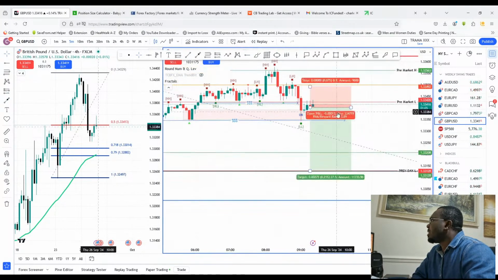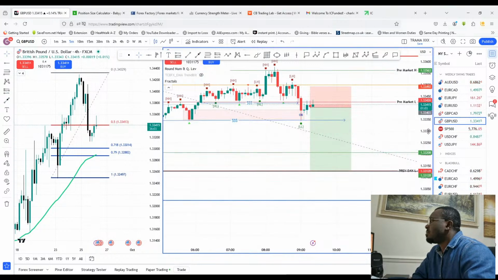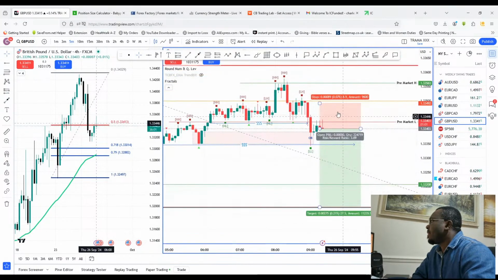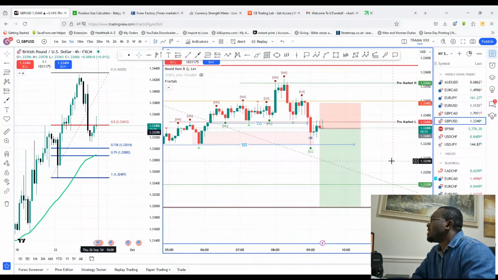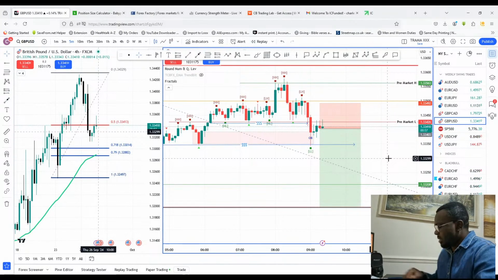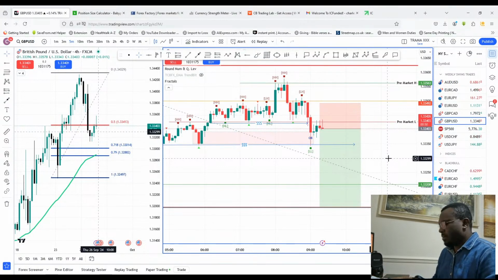Because the order block is already mitigated, so there's no big deal. So we have a stop loss of 8 pips on this trade that we're going to take on GU. As soon as that candle closes, it is a sign that we should get in.